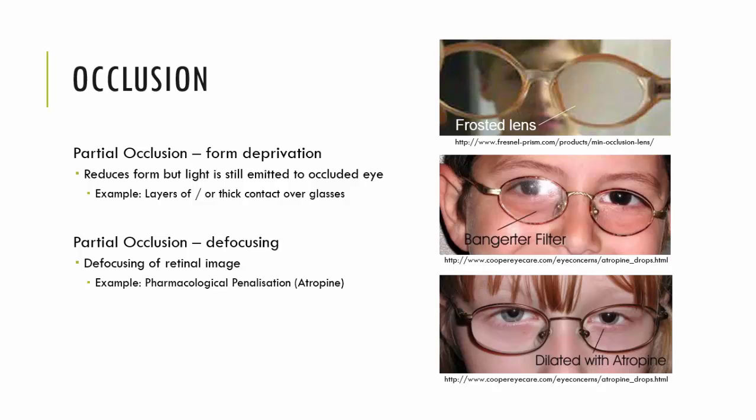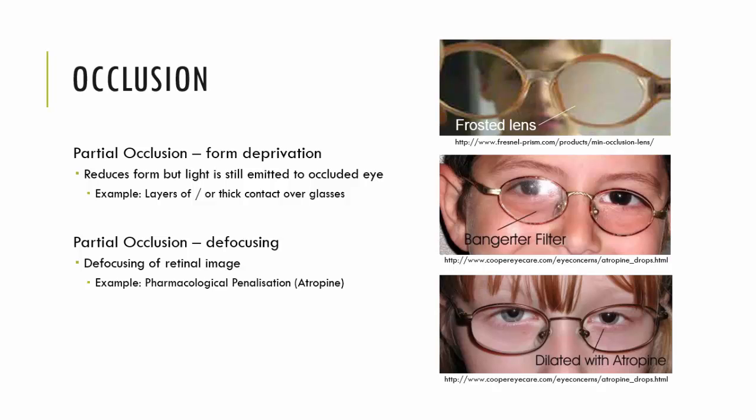If I don't correct the +5 hypermetropia in the better eye, then I'm defocusing the image of that eye in order to create a competitive advantage for the amblyopic eye. The other example is if I put atropine in one of the eyes, again I am creating cycloplegia, which creates the blurred image, and I'm defocusing the image for the purposes of creating a competitive advantage.